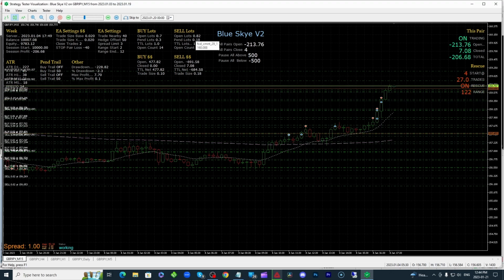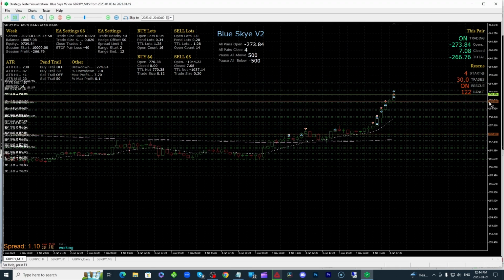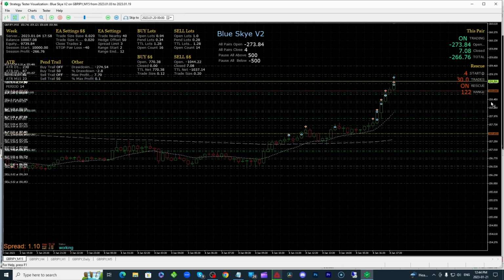Now, hold on a second. All right, you see how this now went really hard on the buy side. But look at this, we've got minus $273 that's open, and that is at 0.02. So that's a huge problem. And we've got 30 trades on the chart.